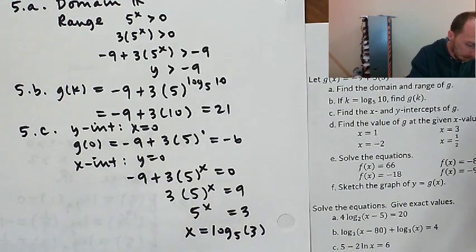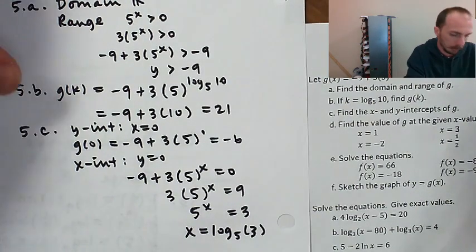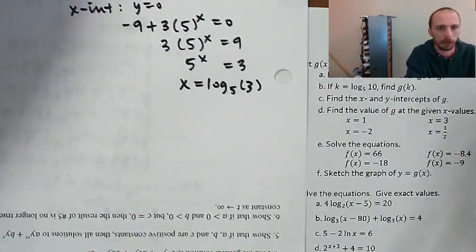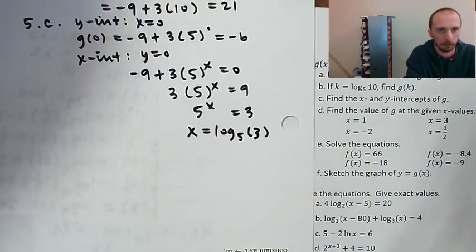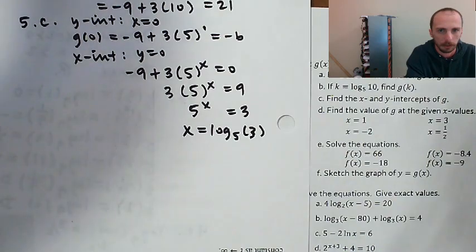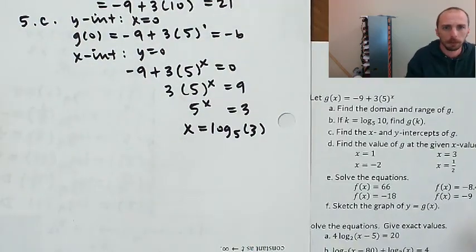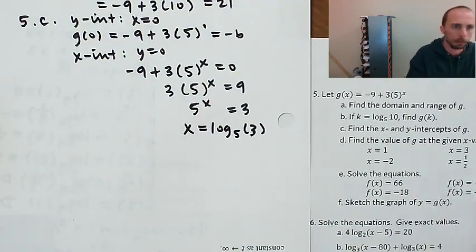D, find the value of g at the given x values. I'm starting to run into whatever I had printed over here. Looks like some differential equations. But this will be easy enough to evaluate. If I need more room, I'll just get a post-it note.